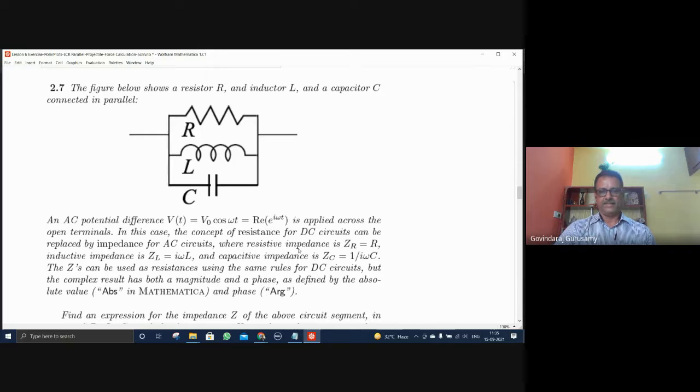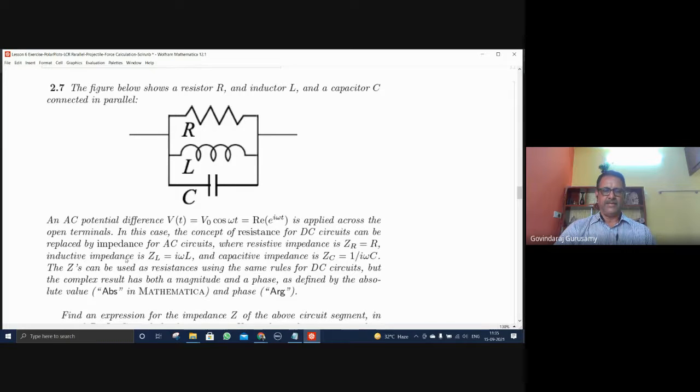Okay, assumptions. Now in this case, the concept of resistance for DC circuits can be replaced by impedance for AC circuits. So you have a resistance. If I have a DC source put across this, say 5 volts or 10 volts DC across it, that is a DC circuit.